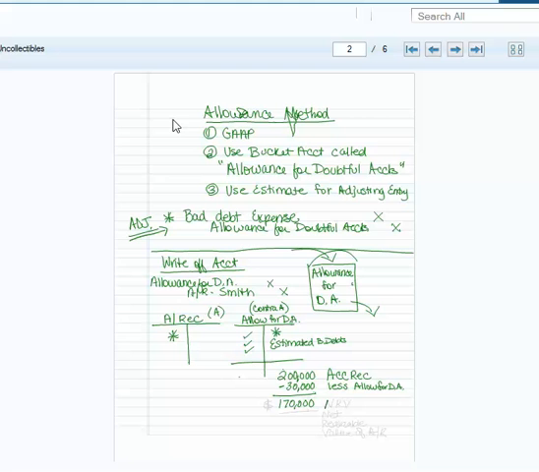The initials are NRV. Net realizable value of accounts receivable. So it just goes against how much you're really going to collect. But it's still under the asset. It's just called a contra asset because it goes against that. Okay?